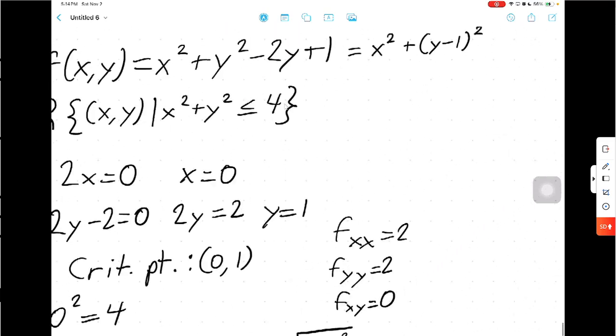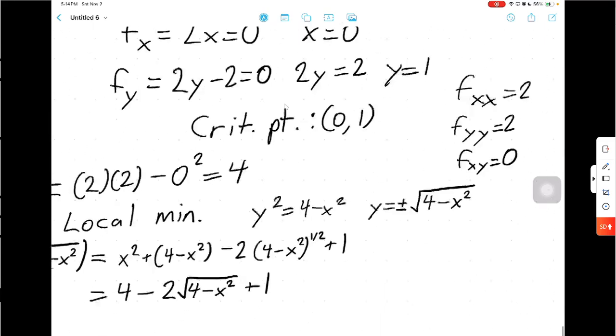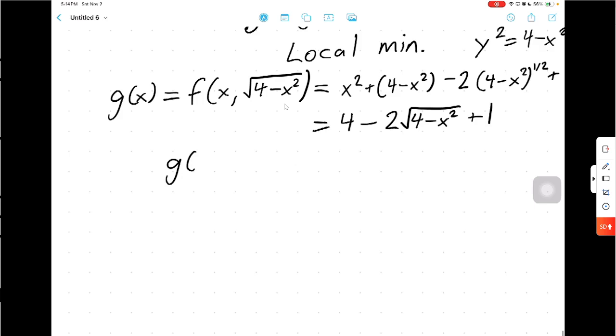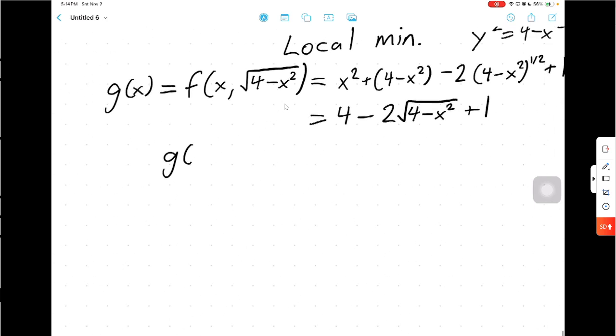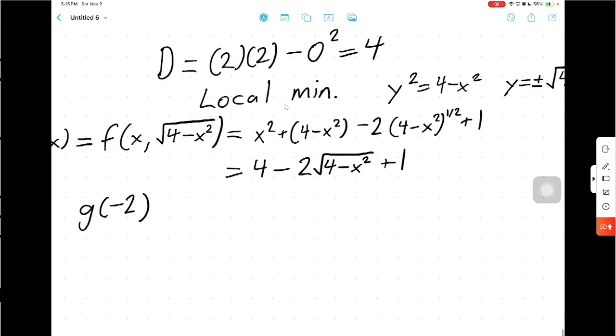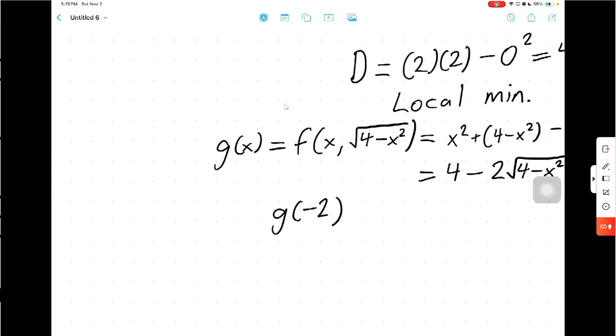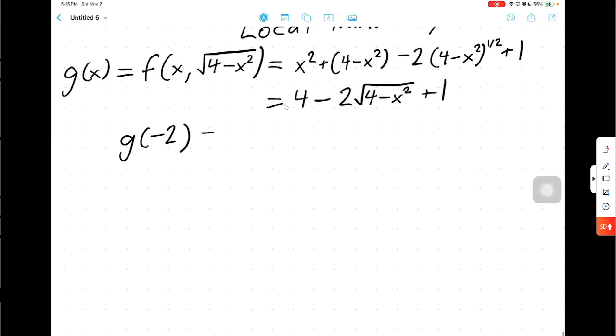Alright, so now we just need to plug in all of the endpoints, which will be from -2 to 2. Here, it'll be from -2 to 2, and also the same exact thing.